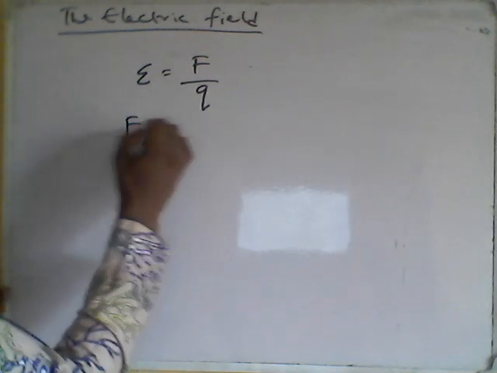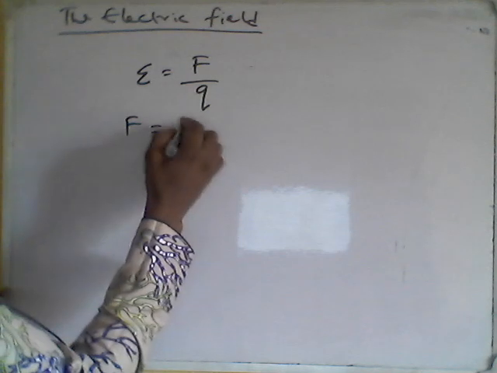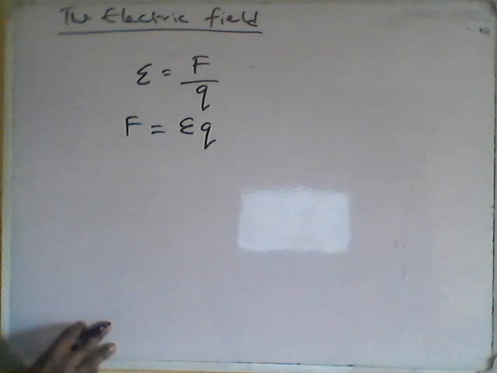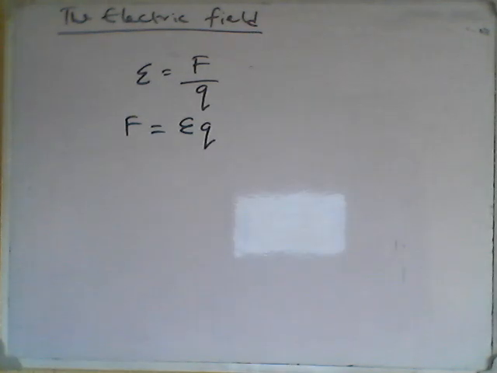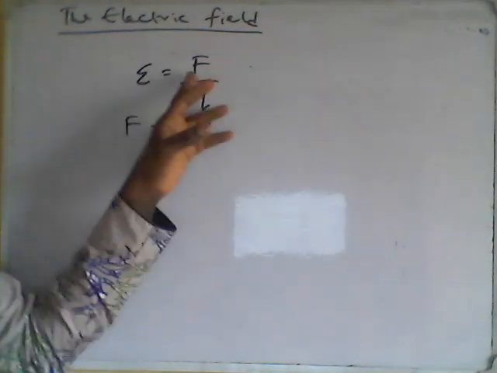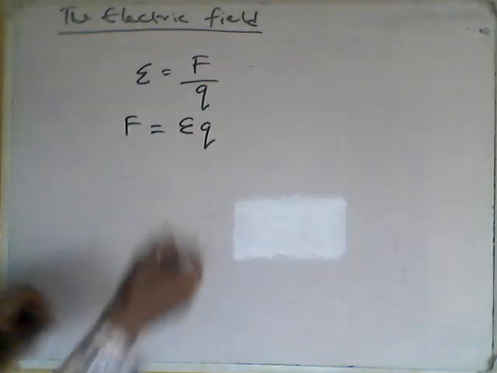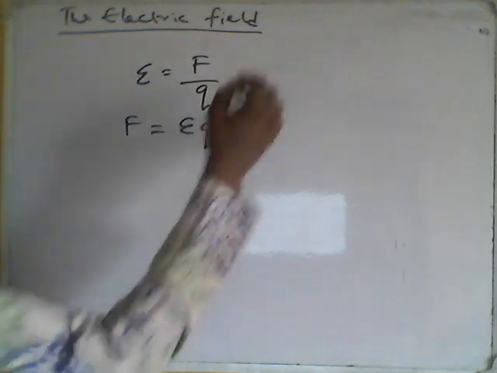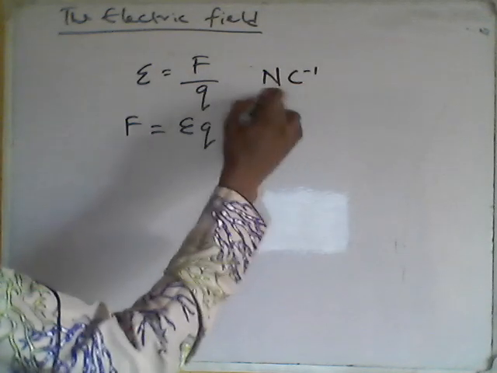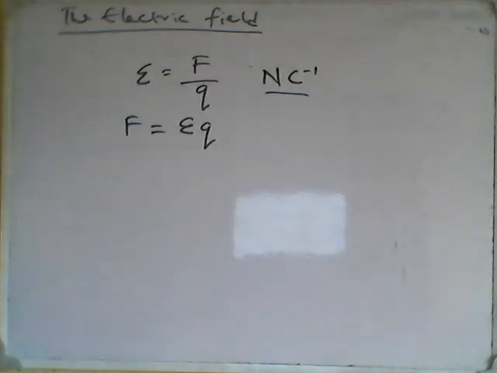So force can be written as electric field times the charge. The magnitude of E is the force per unit charge, that's the definition. And the units are simple: force over charge, N/C or NC^-1. That's the units of electric field.